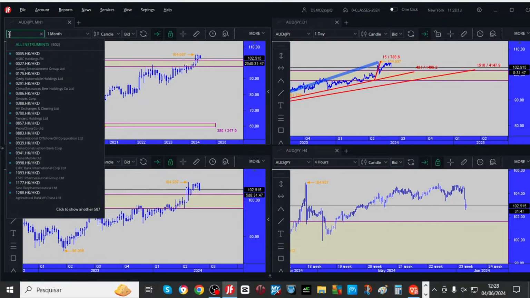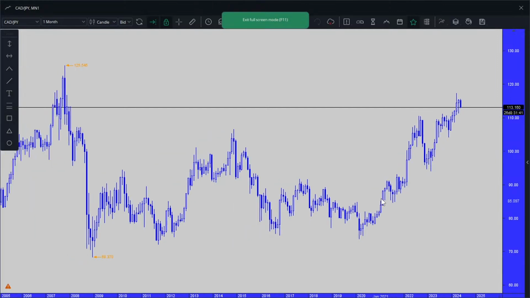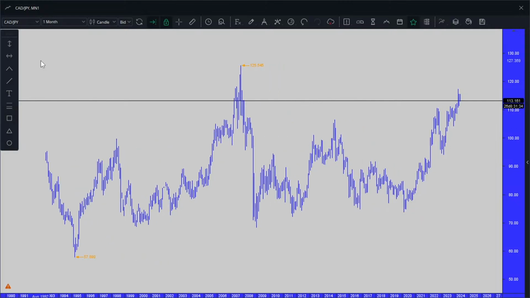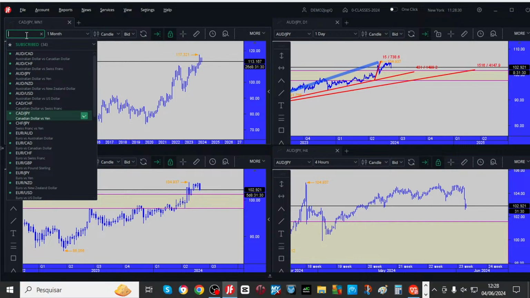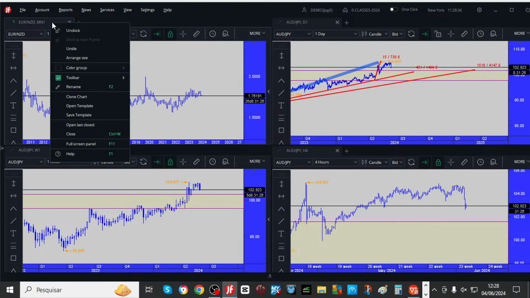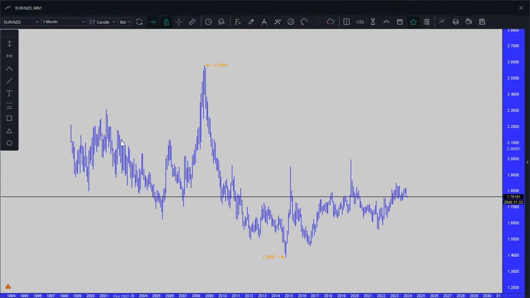Everybody, let me check Canada JPY maybe. Or maybe some euro pairs. Give me a second. Euro NZD maybe. Alright, Euro NZD even better.